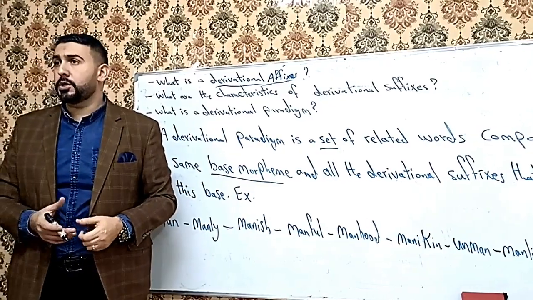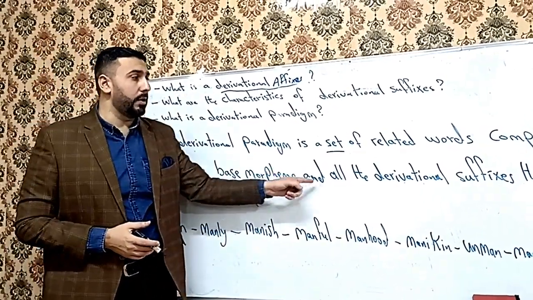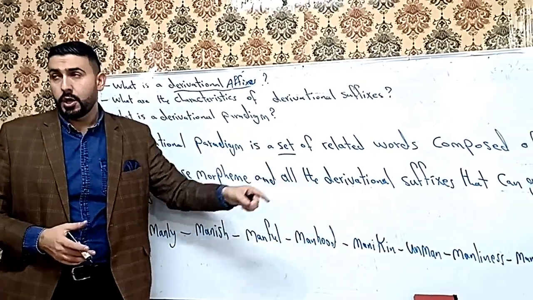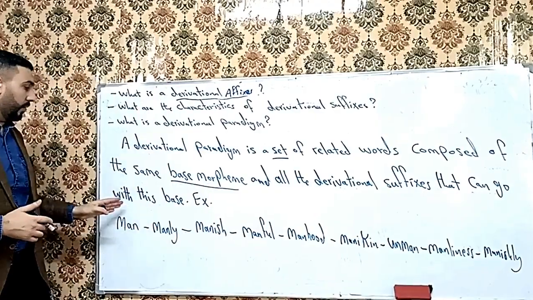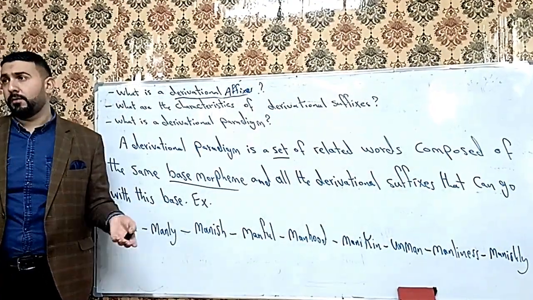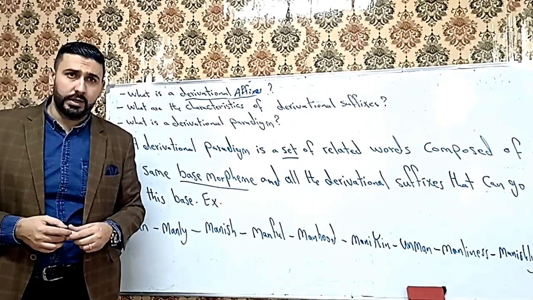Okay? Composed of the same base morpheme and all the derivational suffixes، وكل الإضافات الاشتقاقية that can go with this base، وكل الإضافات الاشتقاقية اللي ممكن نستخدمها ويا هذا البيس.